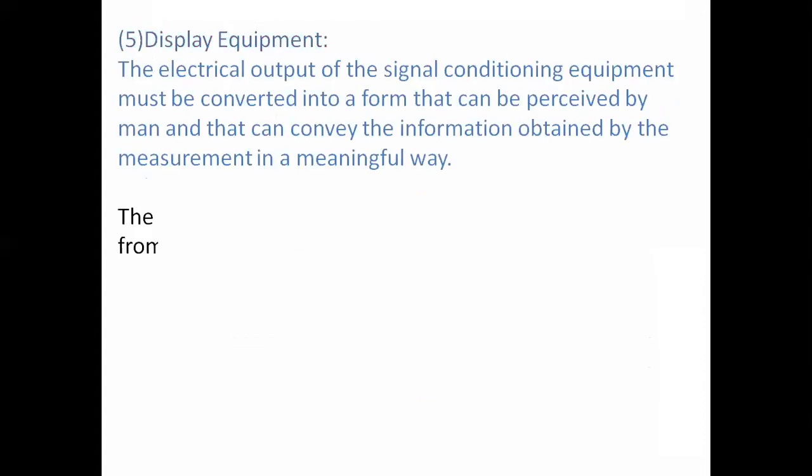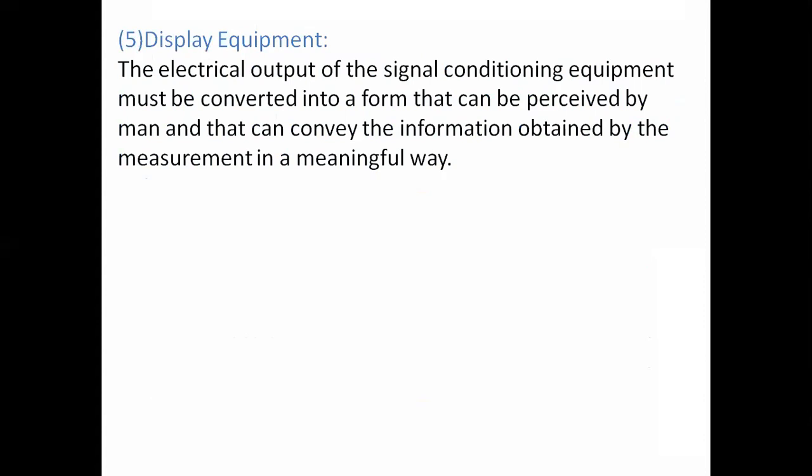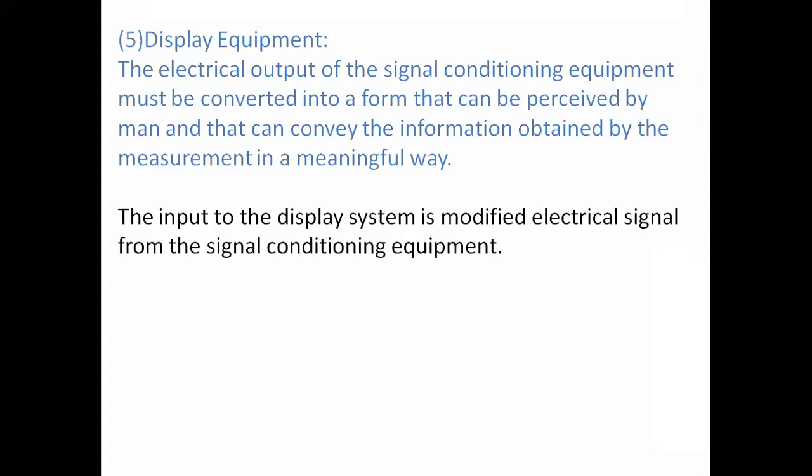So display equipment. Display equipment converts the output of the signal conditioning equipment to a form that presents the information obtained by the measurement in a meaningful way. The input to the display system is the modified electrical signal from the signal conditioning equipment.